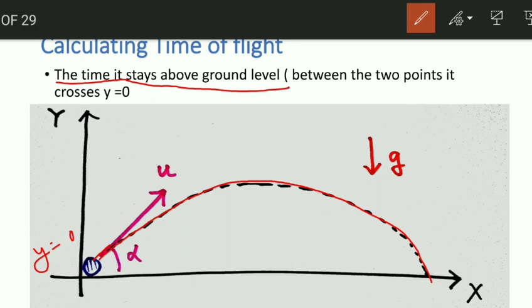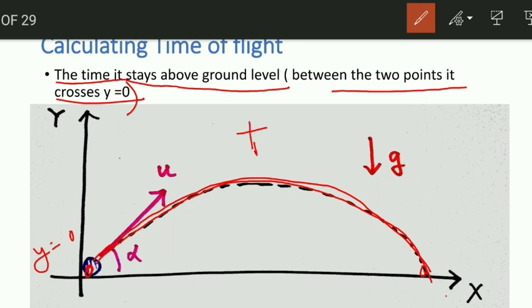It is staying above the ground level, that is y is greater than or equal to 0. Between the 2 points it crosses y is equal to 0. This is one point, this is another point. In between these 2 points, this part, it is staying in the air above the ground level. So I will have to find capital T, that is time of flight.